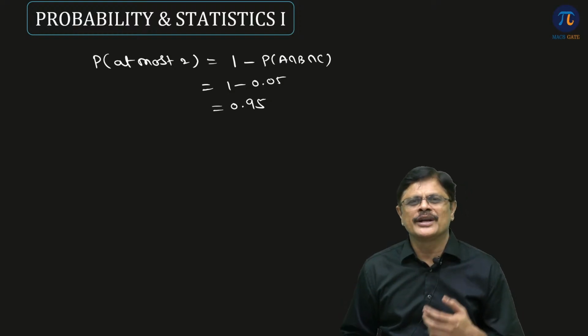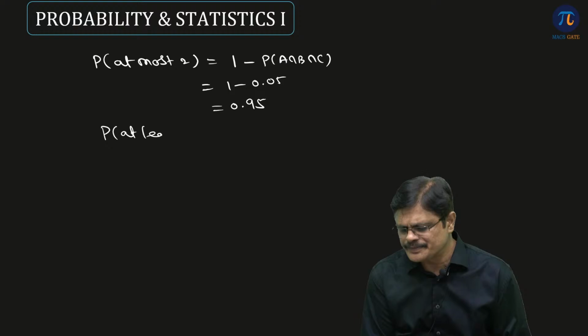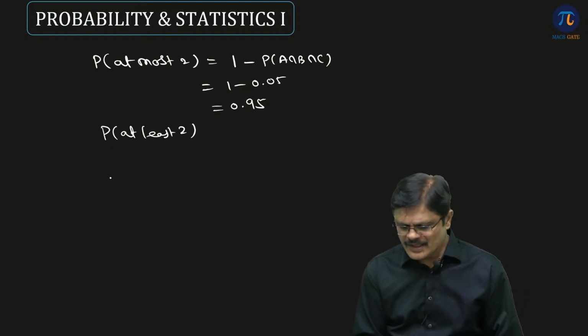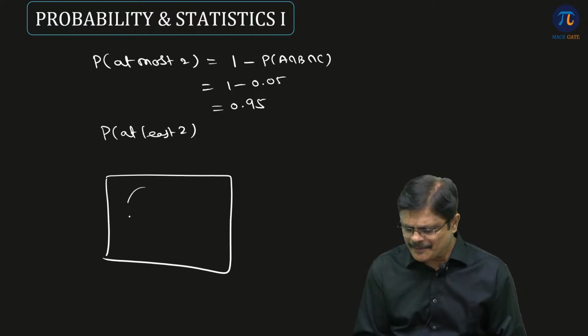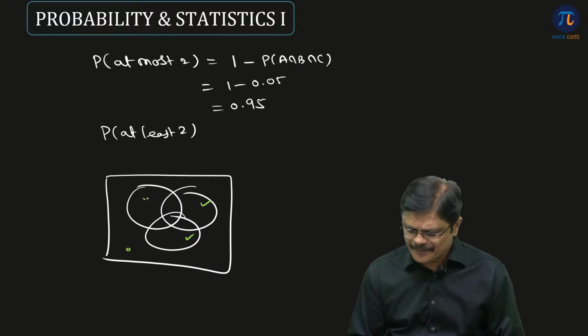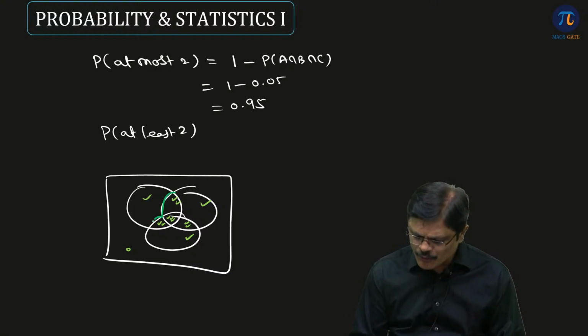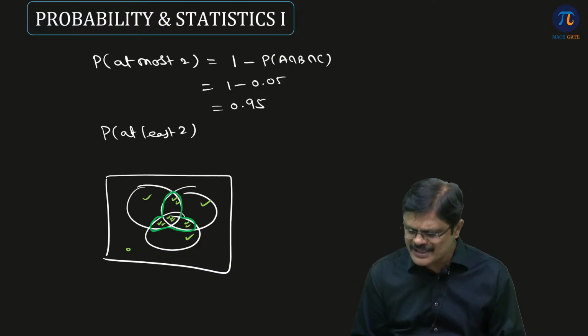So they can ask you at least 1, at least 2. What about at least 2? When you have this particular diagram, here we have 0, it is 1, it is 2, and it is 3. So at least 2 means 2 or more. So this inner portion is at least 2.